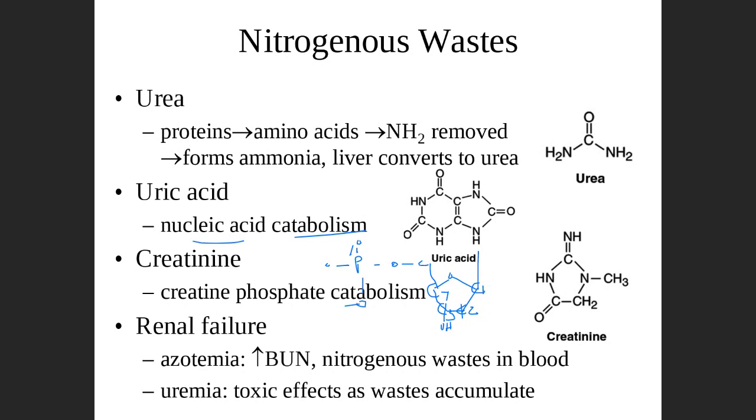Creatinine actually comes from creatine phosphate, which is in the skeletal muscle a lot. The creatine phosphate is a fast way to generate ATP.